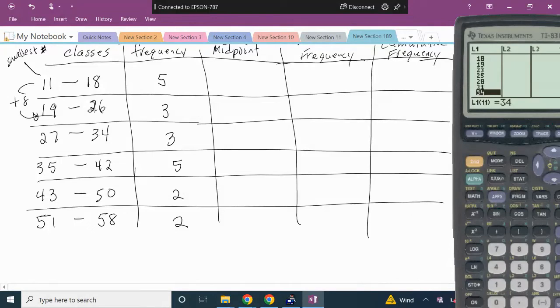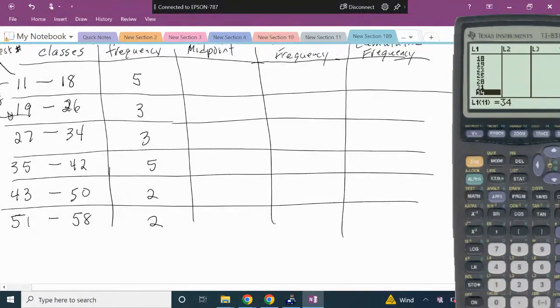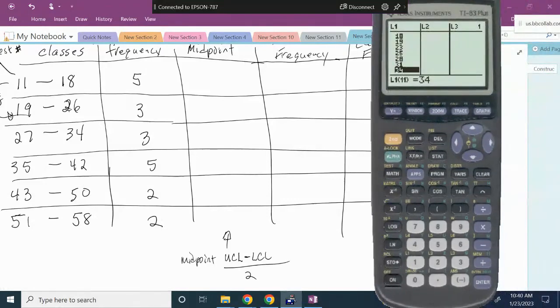So now for the midpoint, there is a formula. It is the upper class limit minus the lower class limit divided by 2. So I'm going to find the midpoint for the first class.